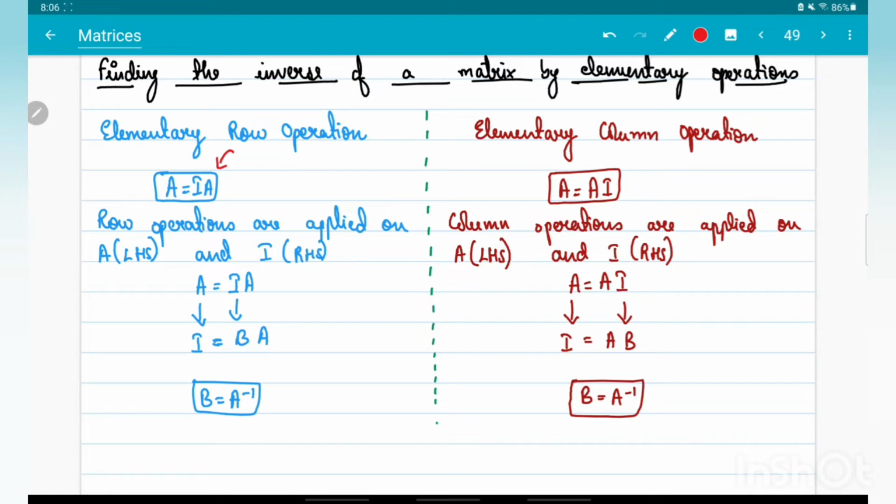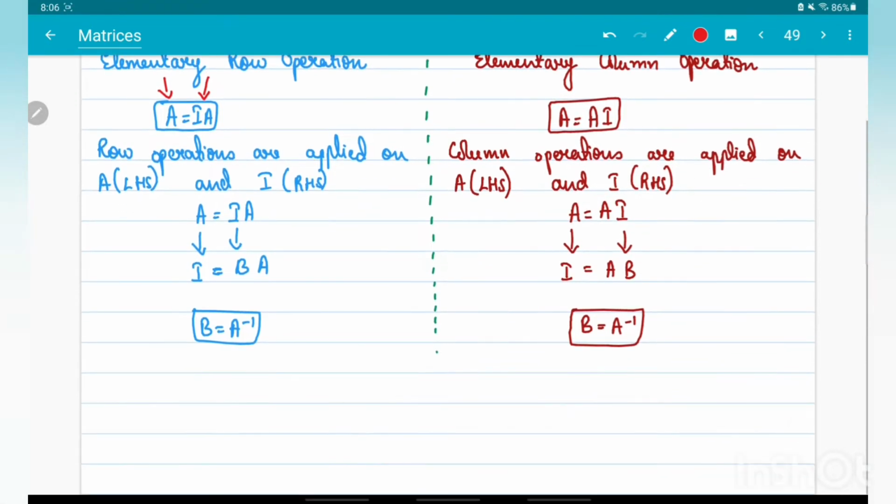Whatever row operations we apply, we will apply them on the matrix A on the LHS and on the identity matrix on the RHS. We have different elementary operations, right?